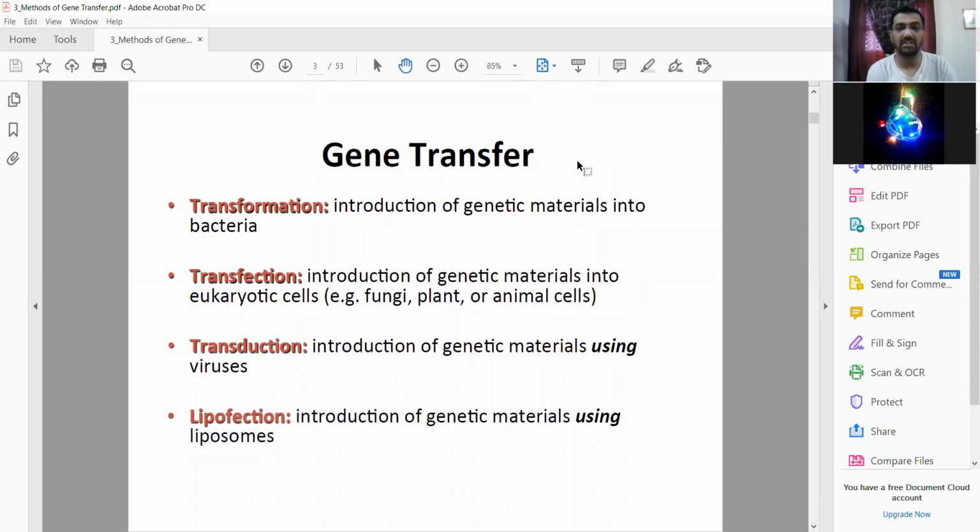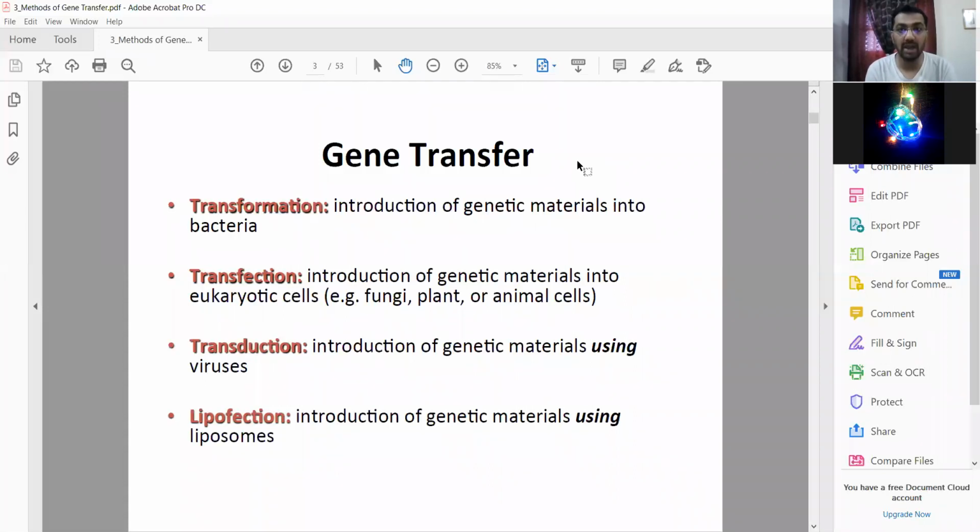Moving further, there is transfection. Transfection means introduction of genetic material into a eukaryotic cell, which could be fungi, any plant, animal, yeast, whatsoever a eukaryotic cell is. If we are transferring recombinant DNA material into a eukaryotic cell, such a thing is called transfection.